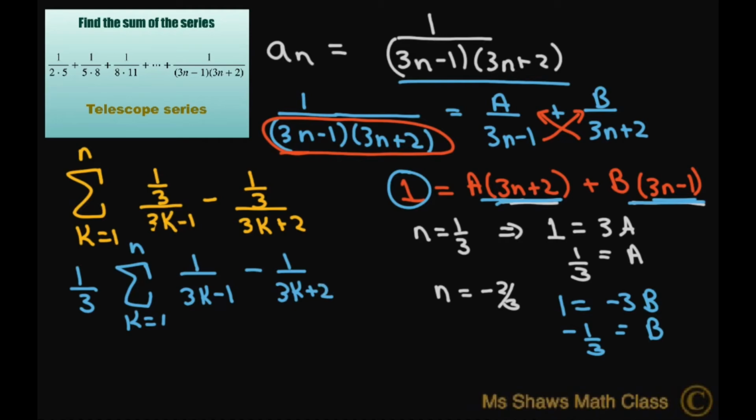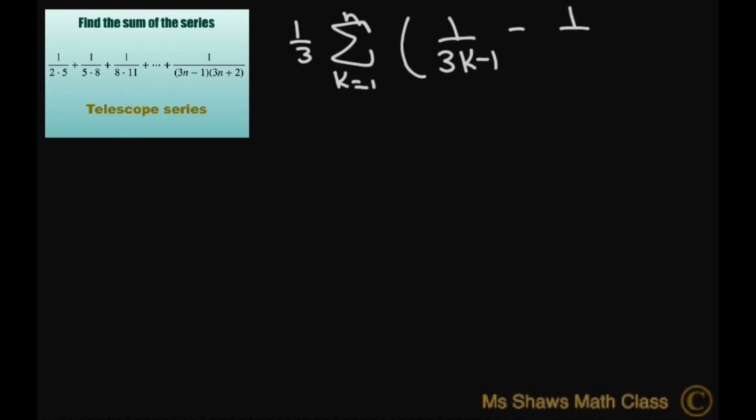Now that we have that, we can write this out and see what the pattern is. Again, we had 1/3 times the sum from k equals 1 to n of 1 divided by 3k minus 1, minus 1 divided by 3k plus 2. It's always good to write the first three terms to see the pattern.